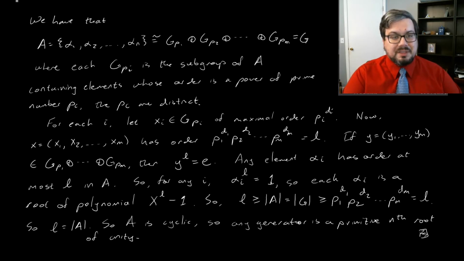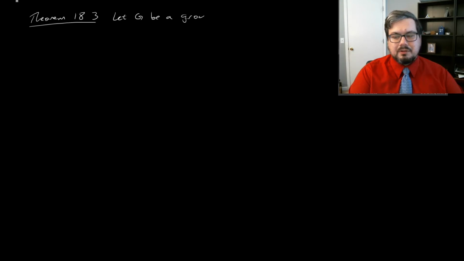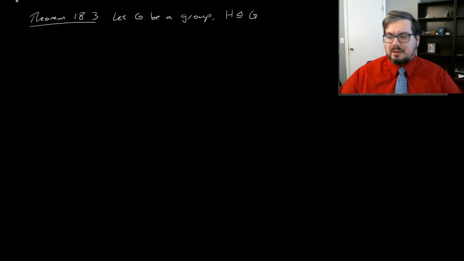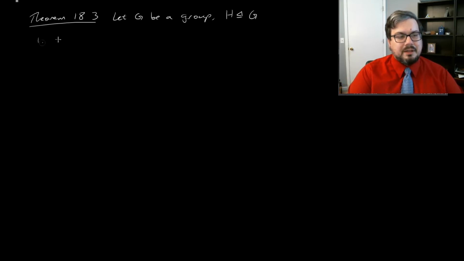We need one more theorem, the proof of which is going to be an exercise. Theorem 183. Let's let G be a group, and let's let H be a normal subgroup of G. Part 1.